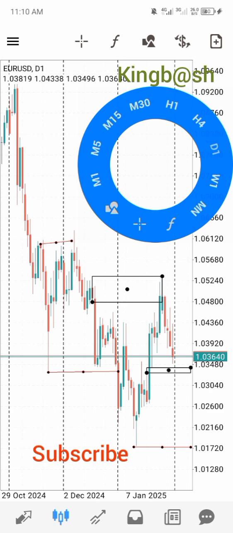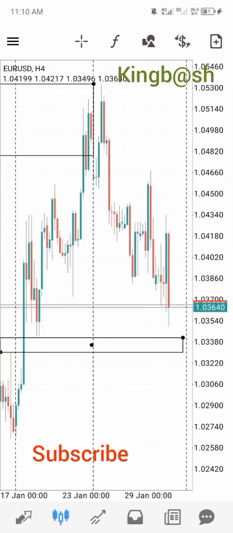Now let's go to 4 hour. Now on the 4 hour time frame, what do you see? You can see price was making higher highs here. Price was making higher high, higher lows, higher high, higher lows, higher high. Then price came here and broke this low here to give us a lower low.